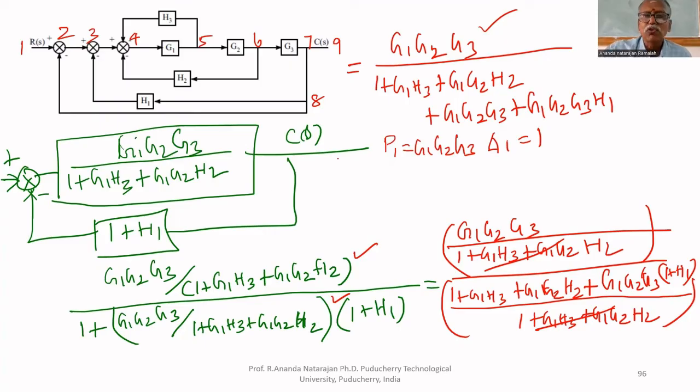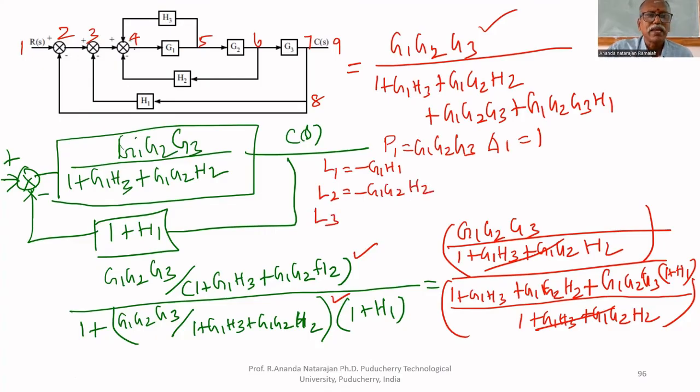So now, what loops are there? L1. L1 equal to what? This is G1. This is minus. Therefore, minus G1 H1. L2, the second loop, G1 G2 H2, minus G1 G2 H2.